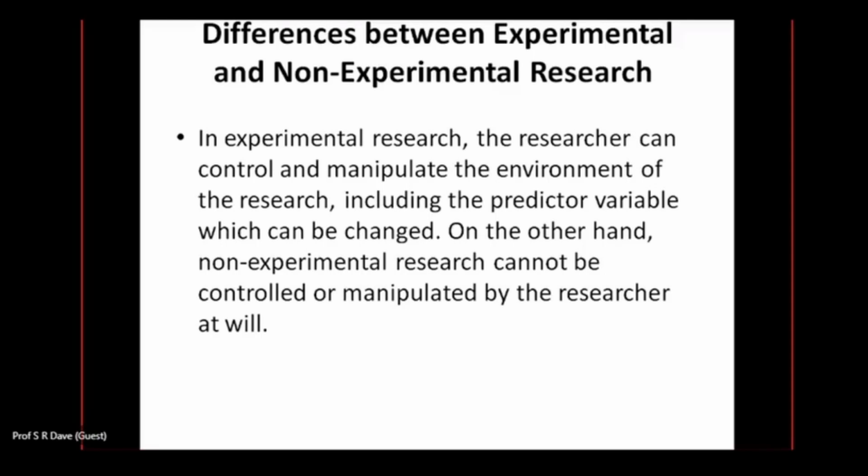Suppose I want to know the spread of coronavirus in Ahmedabad. If I do experimental research, I can perform this experiment in a laboratory where I can control many of the factors.